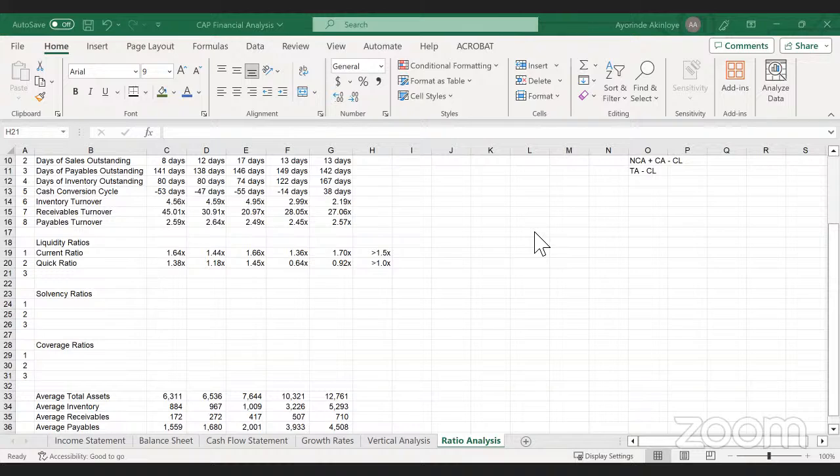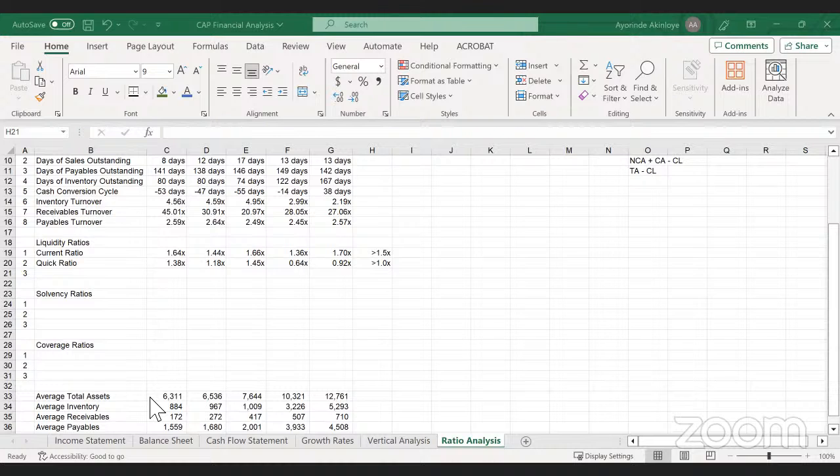We just take an average of that and we get the figure. So if you are calculating for 2024, it's the average of 2023 and 2024. If you are calculating for 2022, it's 2021 and 2022. If you are calculating for 2020, it's 2019 and 2020, basically.